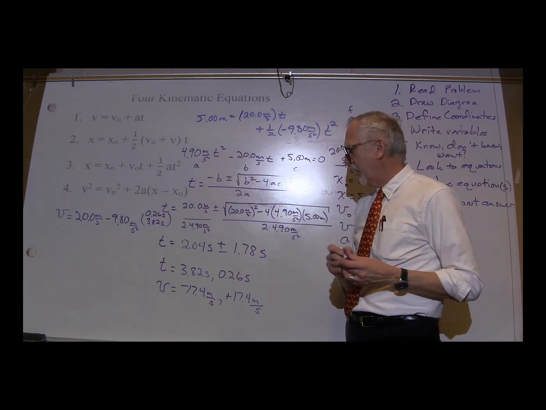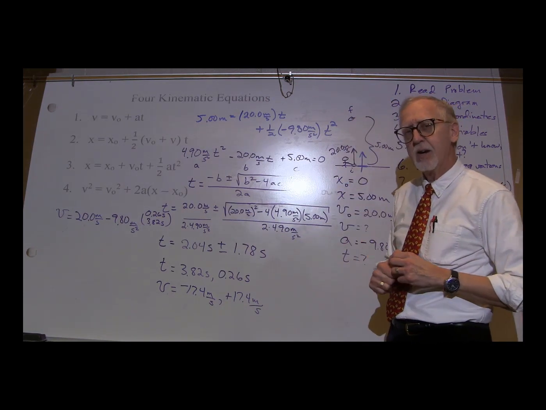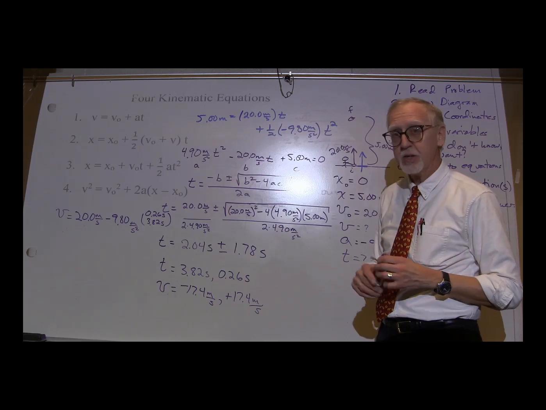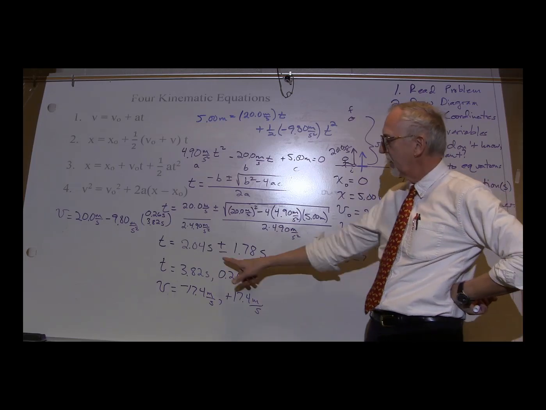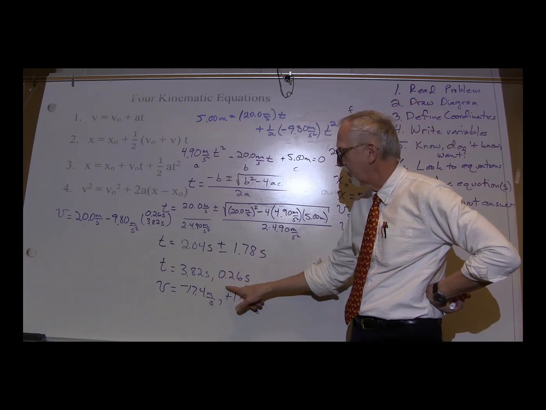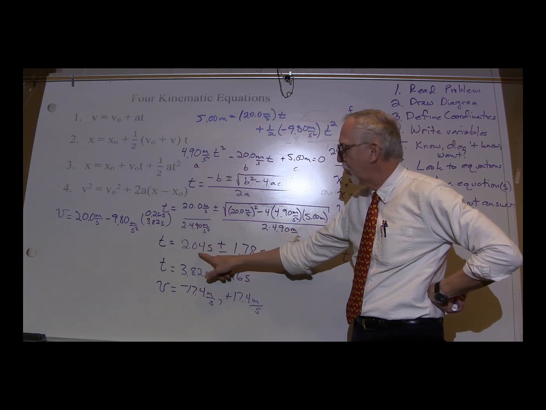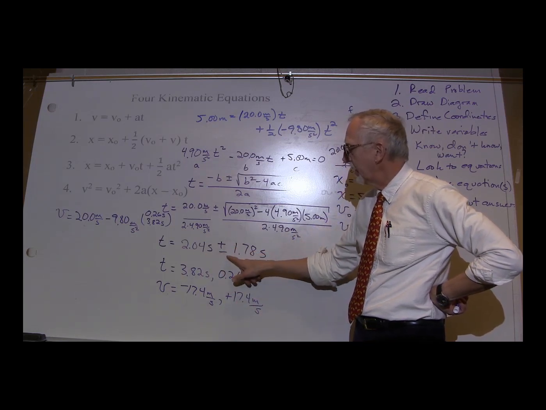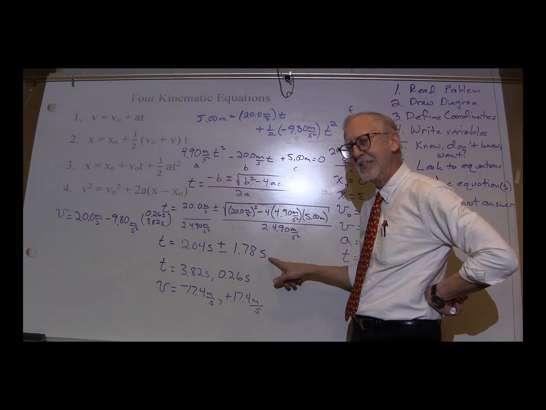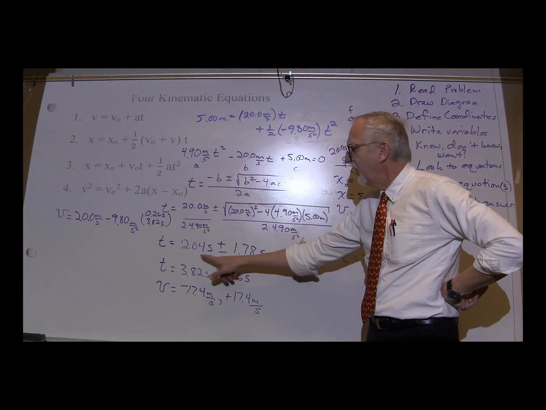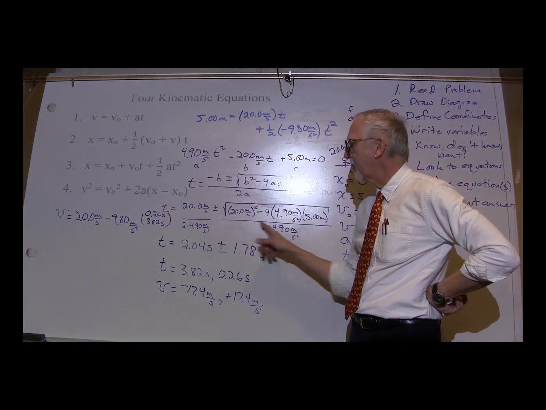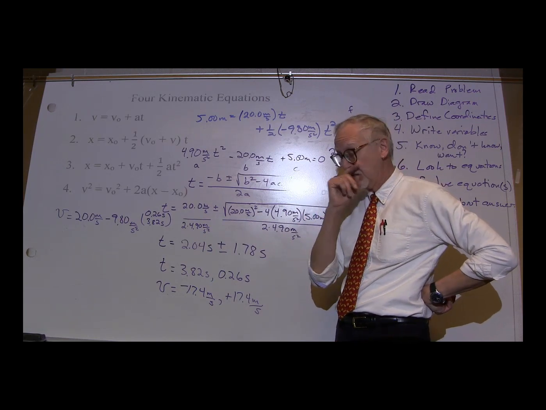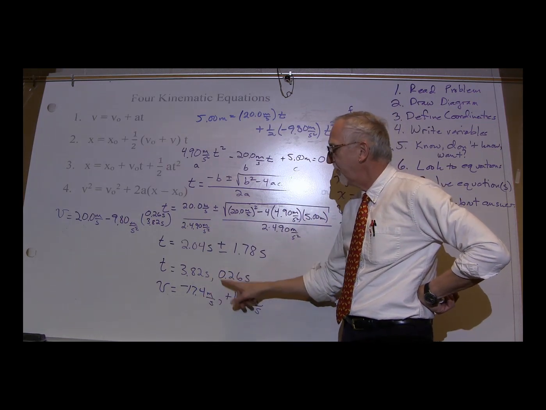Before we move on to that other part of the question, I want us to just think about this. Look at the times. Where did these come from? They came from 2.04 seconds plus or minus 1.78 seconds. What do these two times mean? They came from our quadratic equation solution here. But what do they physically mean?